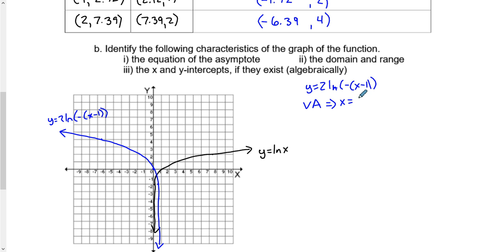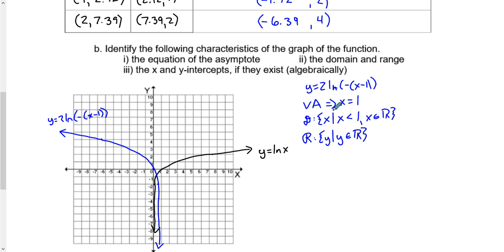So it would be x equals 1. Our domain is all of our x's that are less than 1, because it actually has been reflected over that y-axis. Our range is y being an element of real numbers.